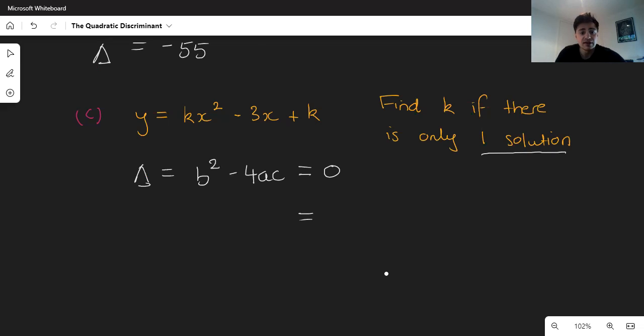So b is negative 3, the negative has to come, minus 4 times a, that is a k, but it doesn't matter what it is, you just put it there. C is also a k, so put it there as well.